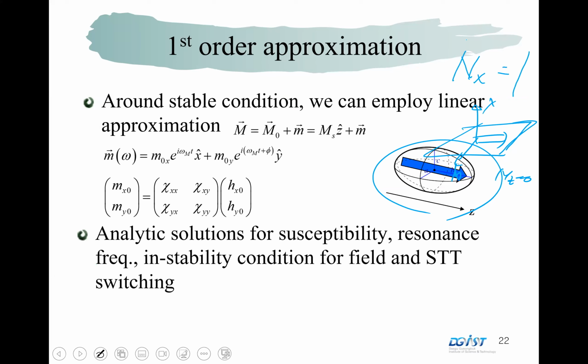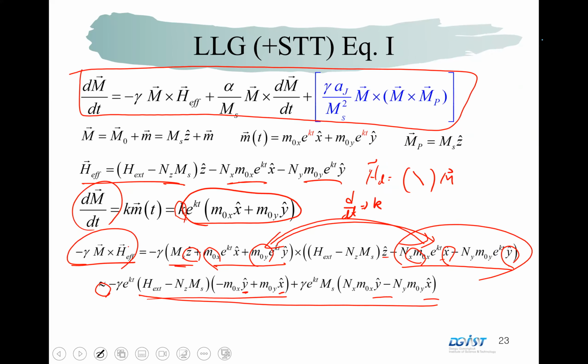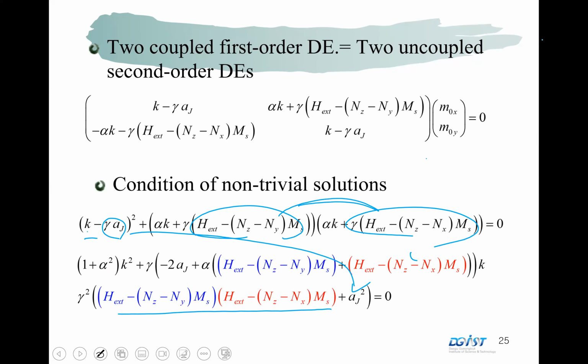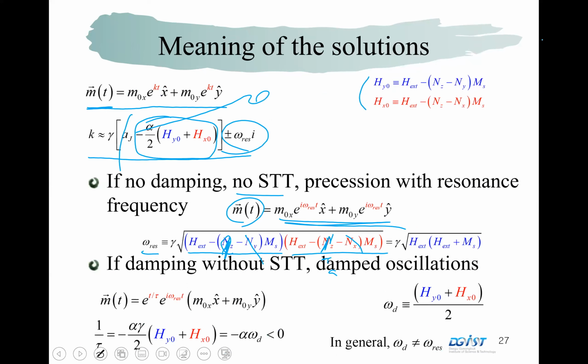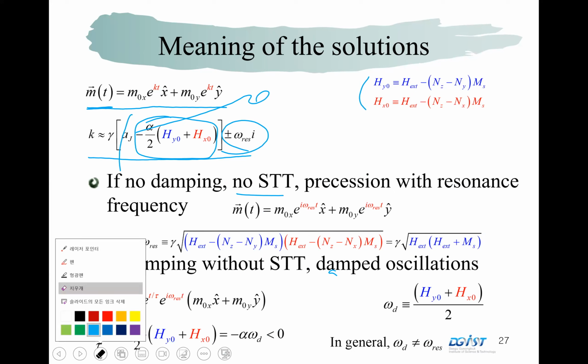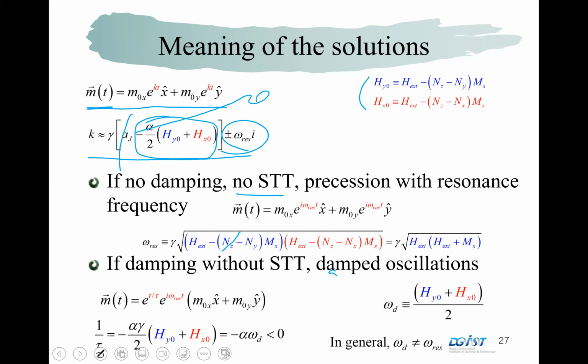NX is 1, NY and NG are 0. So let's do it here. This one is 0, this one is 0, this is only 1, this is 0.